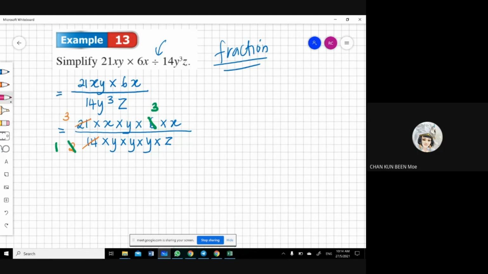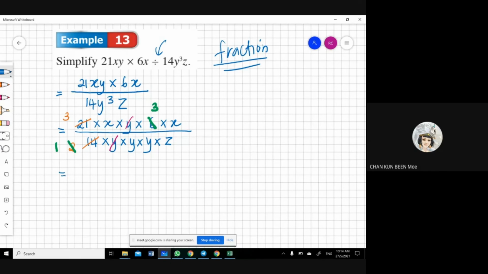Now we continue with the rest of the variable. So I have one x here, but there's no x down here. So I cannot cancel the x and the x. So I'm going to cancel the y because I can see the y down here. Okay, so I simplify it, y with the y. Any z on top? No. So lastly, I need to write down my answer now.